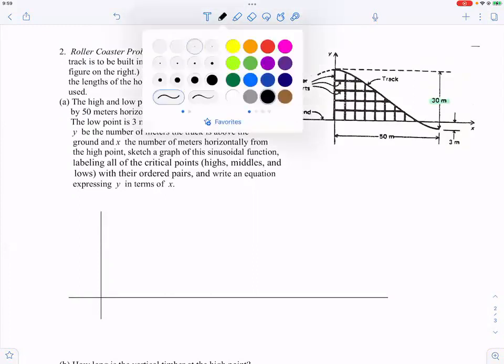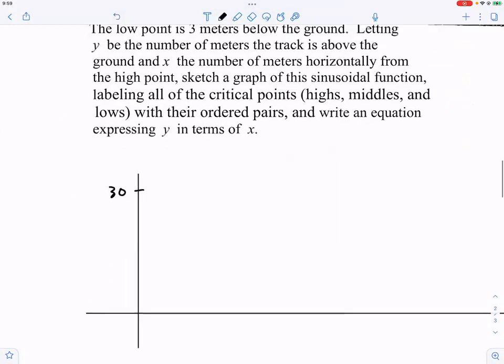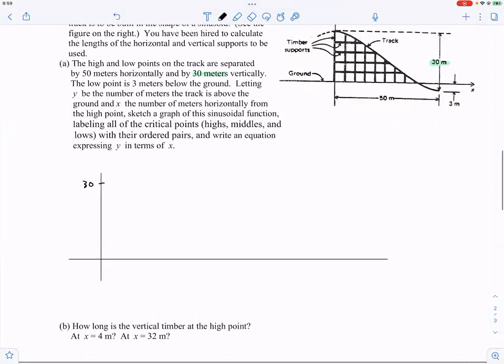I thought the highest point was 30. And then I labeled my graph, this is negative 3, I did my midline, and I was like, wait, hold on, that is somewhat strange. Let me read the information again. And I discovered that the actual height is not 30. It's 30 meters above the lowest point. So the highest point is 27.